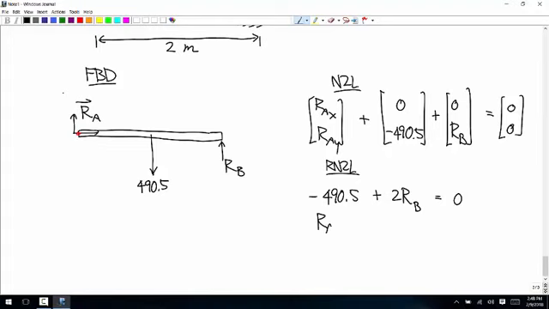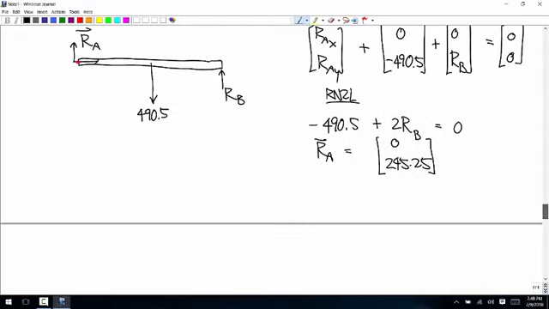So RA is equal to 0, 245.25. And RB is 245.25.